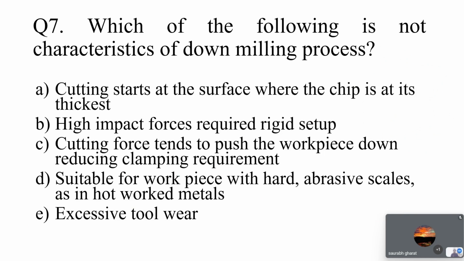That's it. Which of the following is not a characteristic of the down milling process? Cutting starts at the surface where the chip is at its thickest. Yes, it's the case of down milling, so it is correct. High impact force requires a rigid setup.